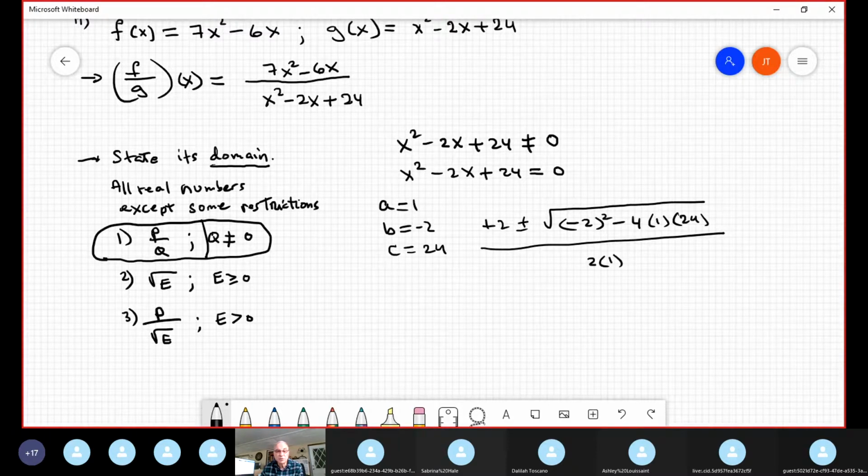Let's move on to the expression inside the radical, 4 minus something. I suppose it is 24 times 4. 24 times 4 is 96. But when you subtract this, it's minus 92. And the square root of negative 92 is imaginary.